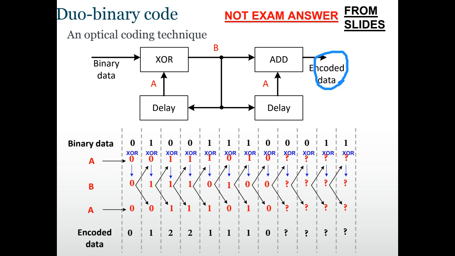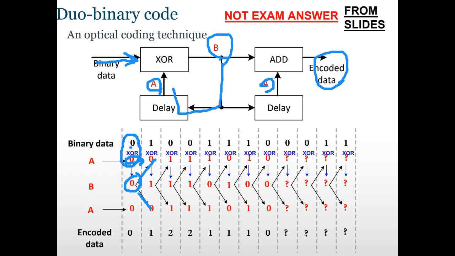Okay, so suppose we have binary input, and then we have A, and then we have B. If we initialize A as 0, then the first B is obtained by XOR between the binary input and A. So from 0, 0, we get 0 for the first B. And then this B is delayed to be the next A. So the next A is also 0.